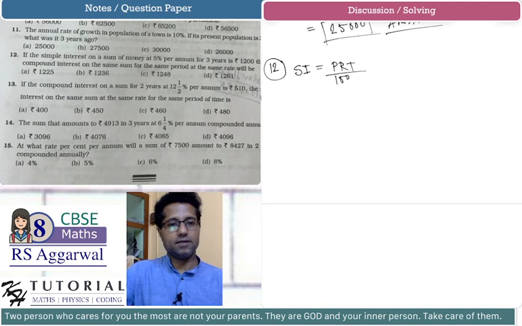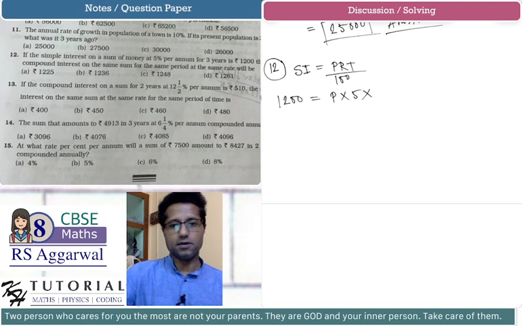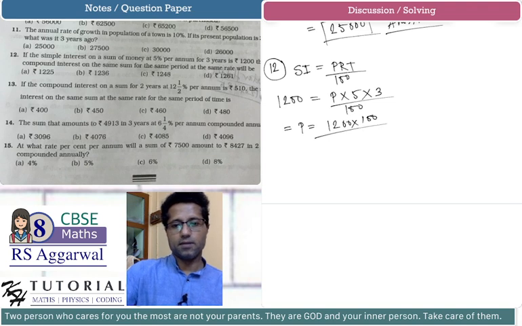Now it is given that the simple interest on a sum of money at 5% per annum for 3 years is 1200. So if we put the values in the equation, we have 1200 equal to P multiplied by 5 multiplied by 3 divided by 100. So P is equal to 1200 multiplied by 100 divided by 5 multiplied by 3. 3 divides 1200 with 400, 5 divides 100 with 20.